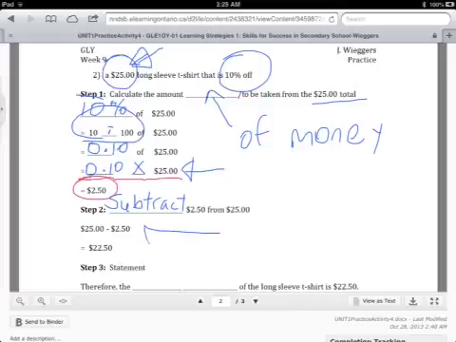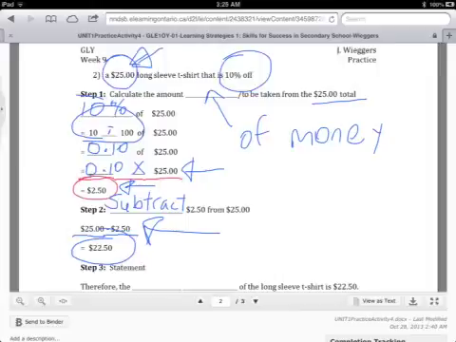So again, into your calculator, you will punch the amount that you found in step 1. So you will put $25, take away $2.50 into your calculator, and you will find that the cost of the long sleeve t-shirt when it's on sale is $22.50.